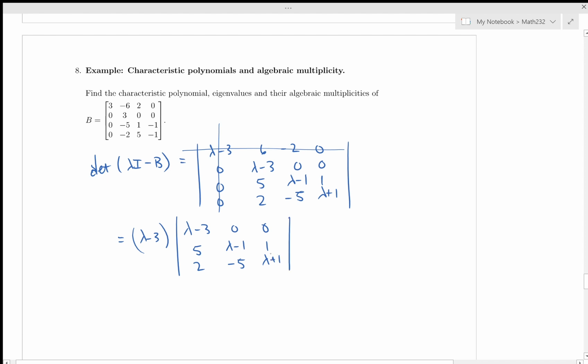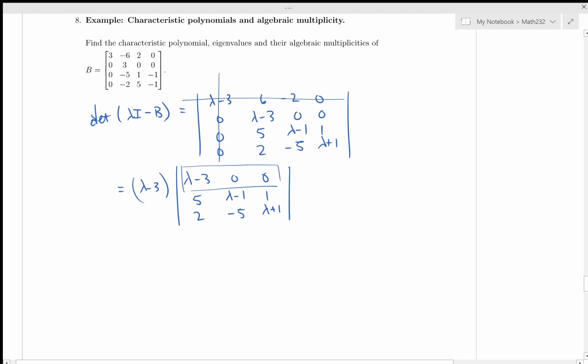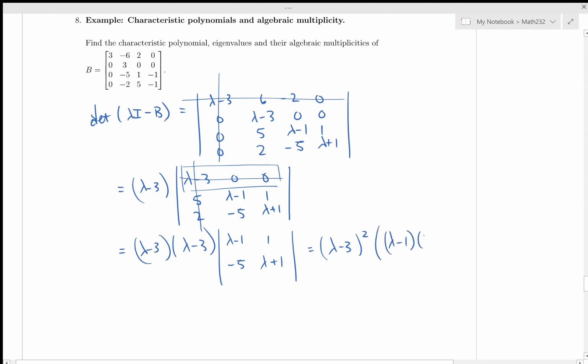Okay, and then I'll do the cofactor expansion along the first row this time, and that's going to get me this here. And what's the resulting minor? And then I can proceed to use the 2 by 2 case to finish this process up, and that will be lambda minus 1, lambda plus 1, and plus 5. That gets me this here.